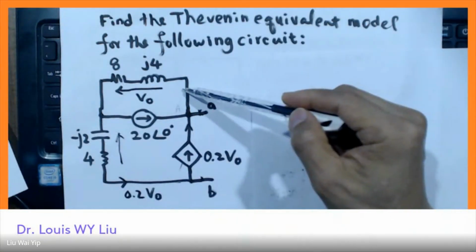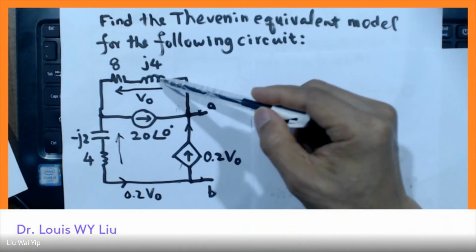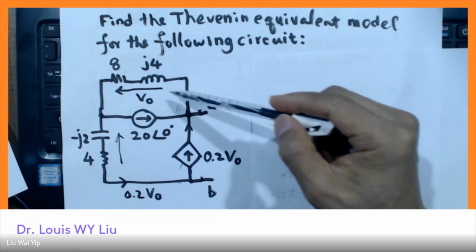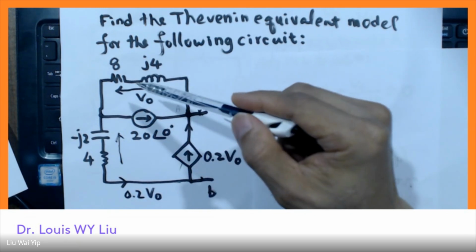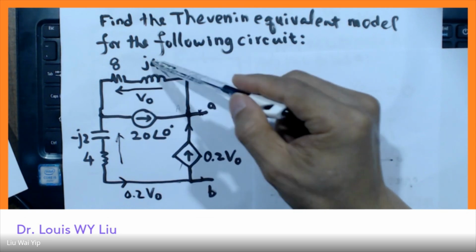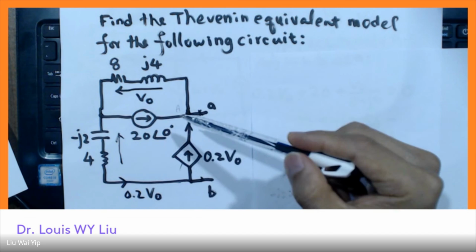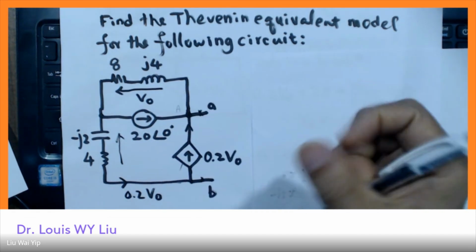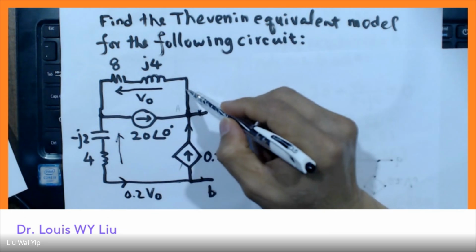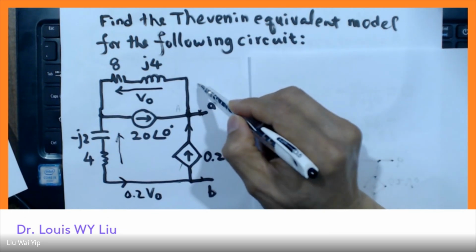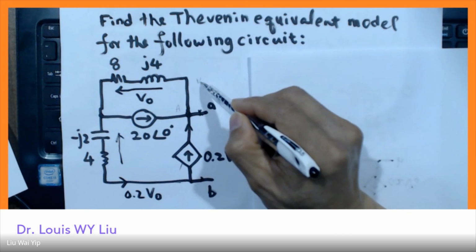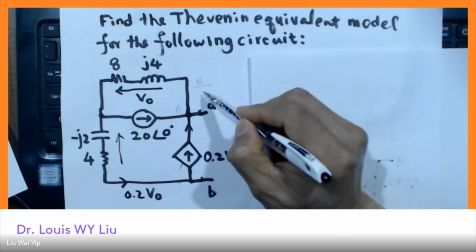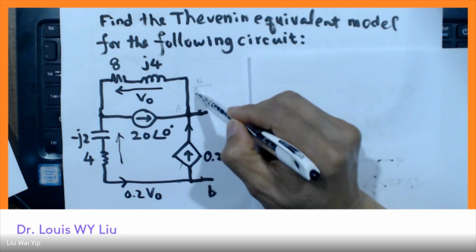And to be able to find the current of this branch, all we need to do is to find the ratio V naught divided by the impedance here. So essentially, the current of this branch can be calculated by V naught divided by 8.34.